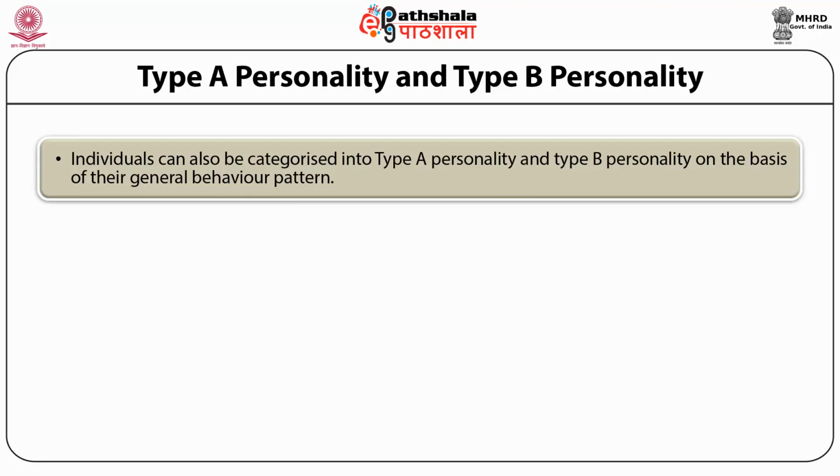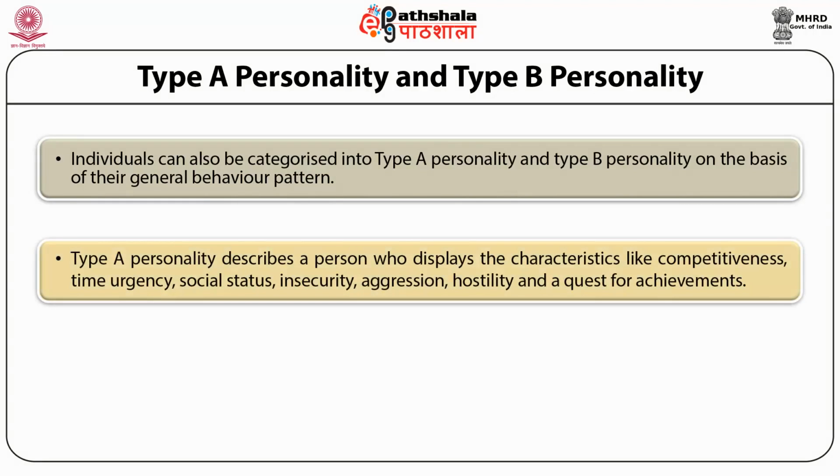This categorization is based on their general behavior pattern. Type A personality describes a person who displays characteristics like competitiveness, time urgency, social status, insecurity, aggression, hostility, and a quest for achievements.